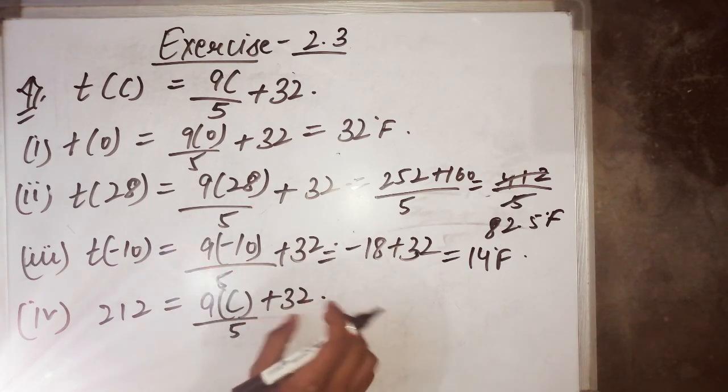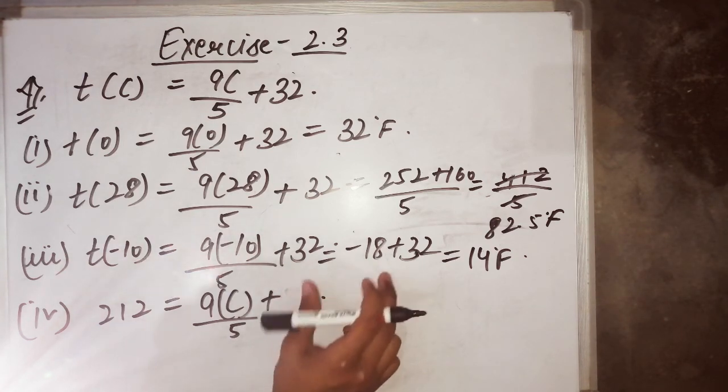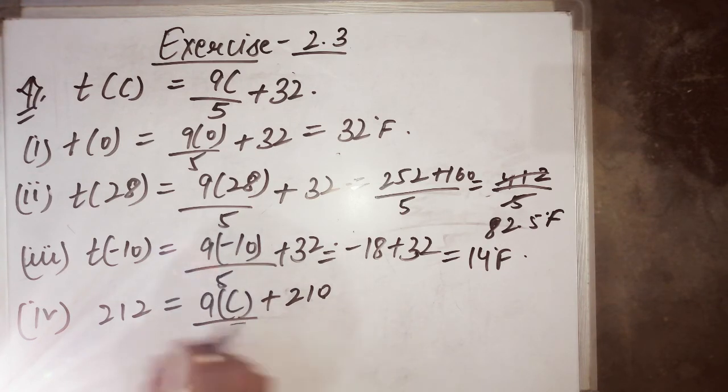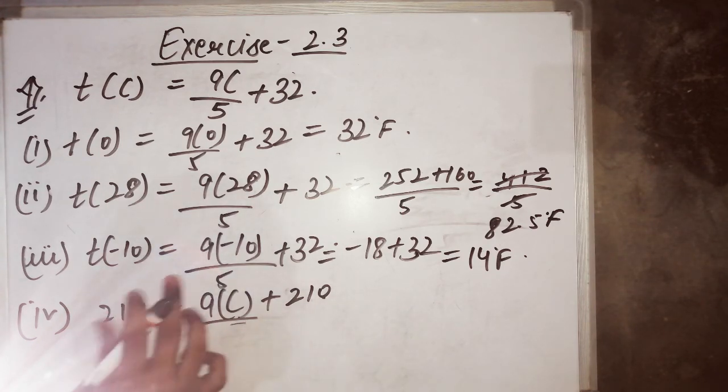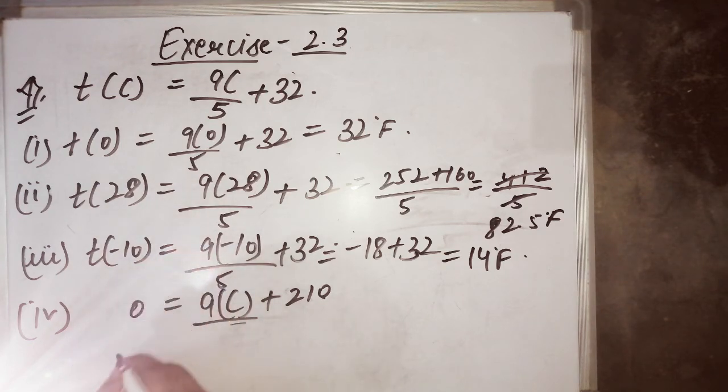This is not in the division. And what is 32 times 5? You can take this 5 in multiplication here, and when you multiply 212 with this 5, you have 1060.